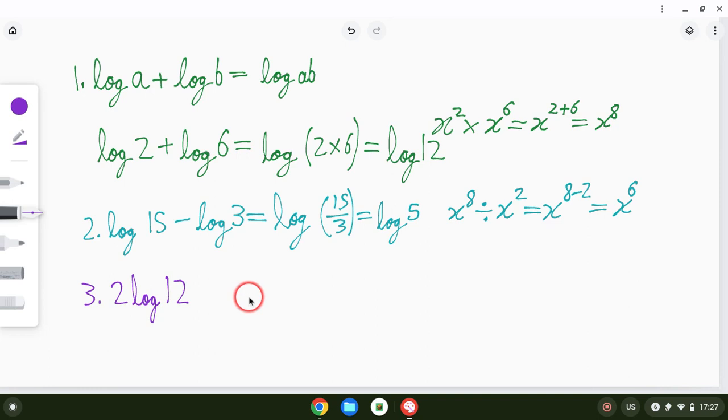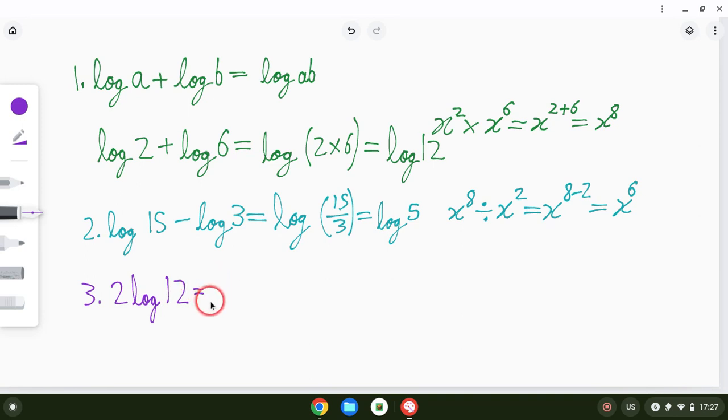Now in order to convert this into log of some number, we have to write it in logarithm format. What will this become? Because we have this 2 over here, we could put the 2 right here as an exponent to become 12 squared.